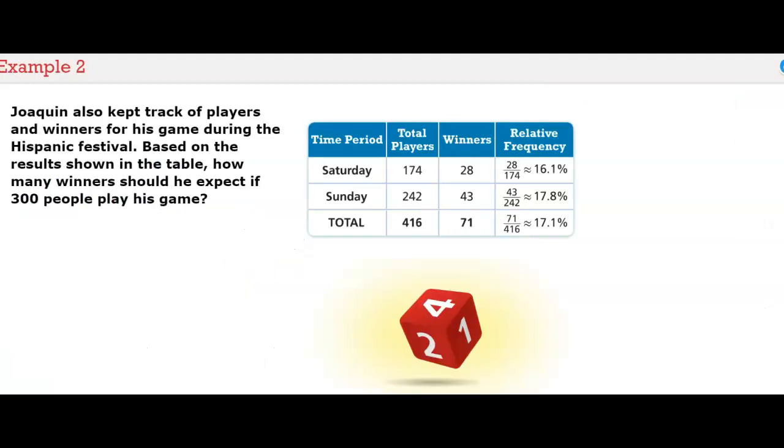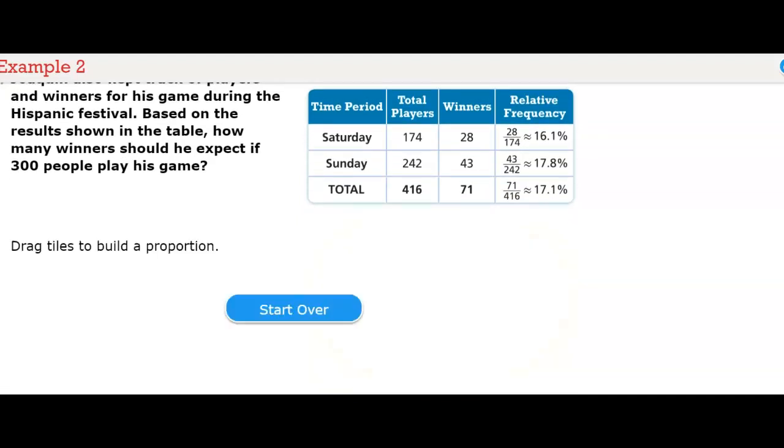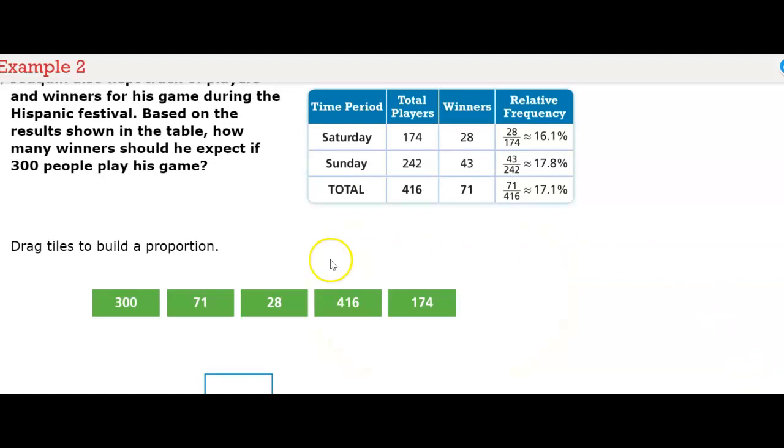Joaquin also kept track of players and winners for his game during the Hispanic Festival. Based on the results shown in the table, how many winners should he expect if 300 people play his game? We have the table here that tells what was happening on Saturday, Sunday, and then the total.